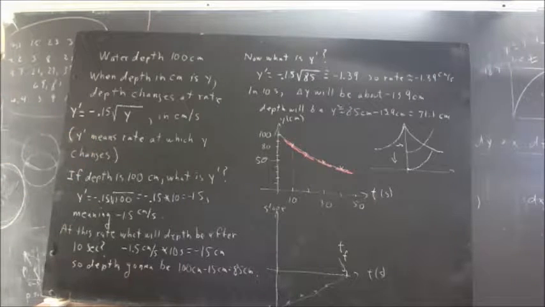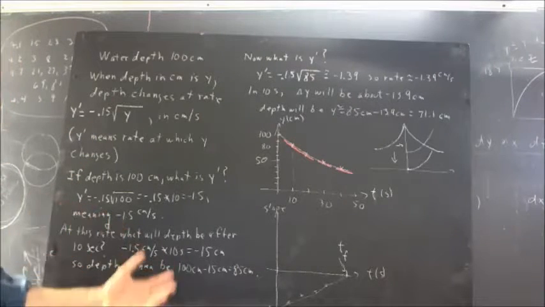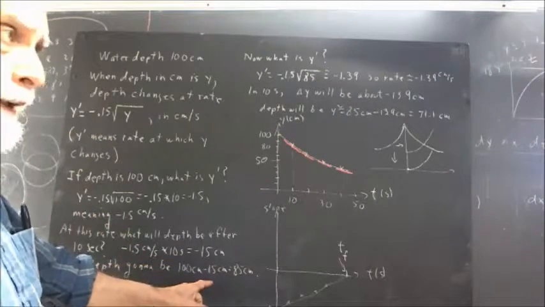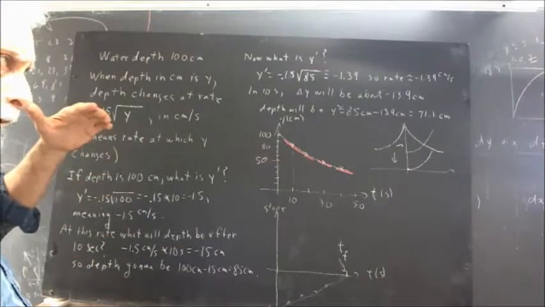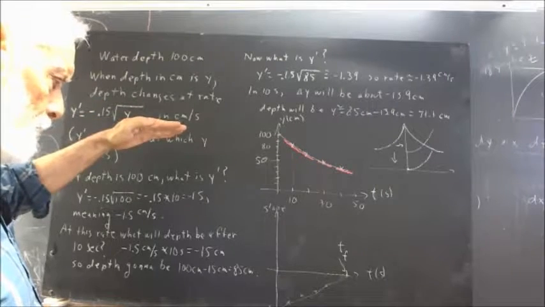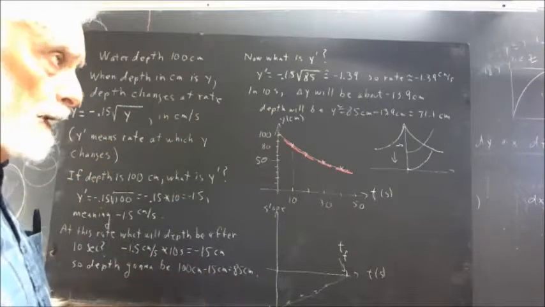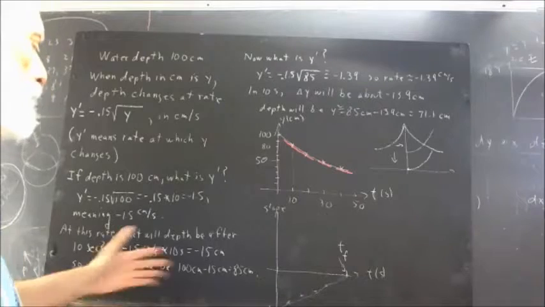So we haven't accounted for that, so we're kind of overestimating how much the water is going to drop. We're using the rate that was there when the depth was 100 centimeters and applying it all the way down to 85 centimeters.